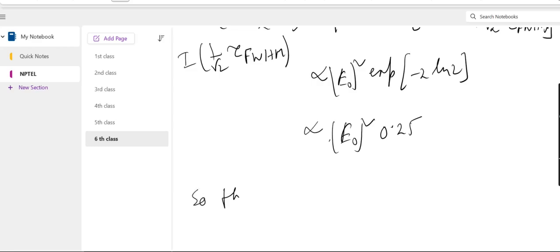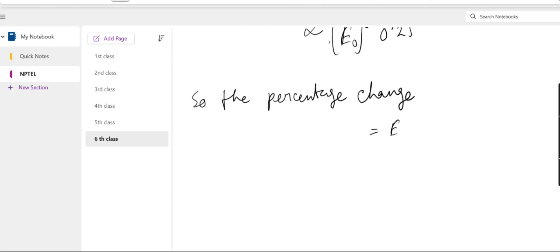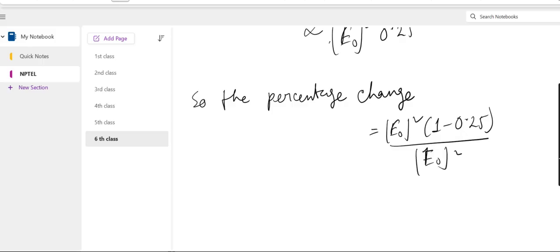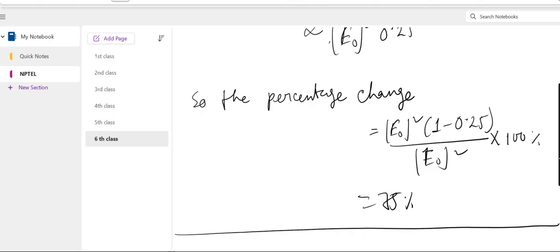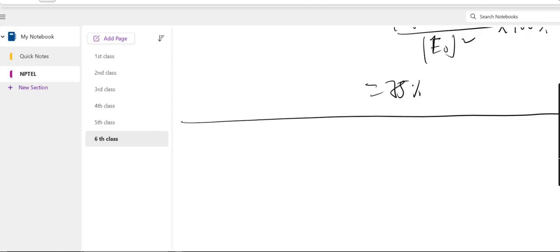So the percentage change is E naught square, 1 minus 0.25 by 1. We need to be cautious about which FWHM they are talking about.